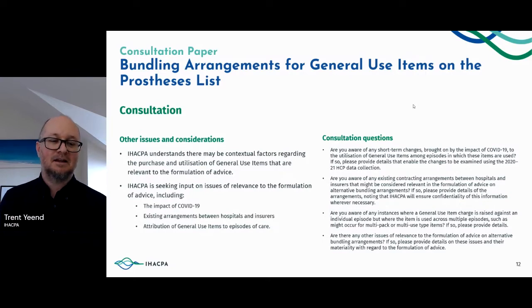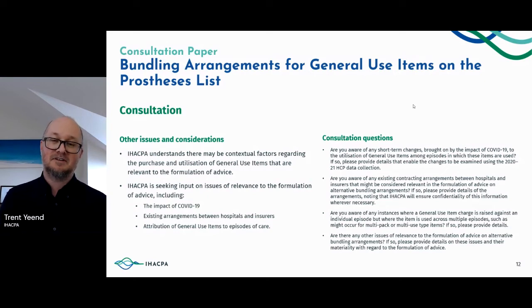And secondly, whether there are existing arrangements between hospitals and insurers that may be of relevance in the formulation of advice. And this is particularly with regard to the fact that the advice is intended to support insurers and hospitals in formulating alternative arrangements. And so these alternative arrangements need to be incorporated and integrated into the existing arrangements.